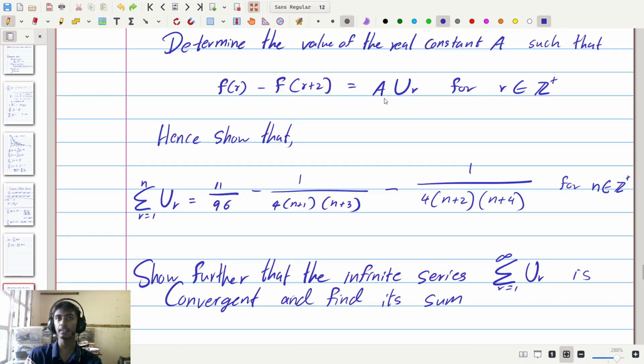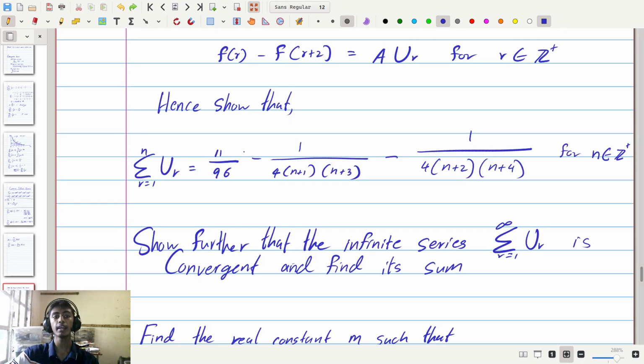We'll do that, and then after that they're asking us to hence show that the sum from r equals 1 up to r equals n of u of r is equal to 11 divided by 96 minus this bit, for n being an element of the positive integers. Here we're going to use the telescoping property of our sum in order to find it in terms of the first terms and the last terms.